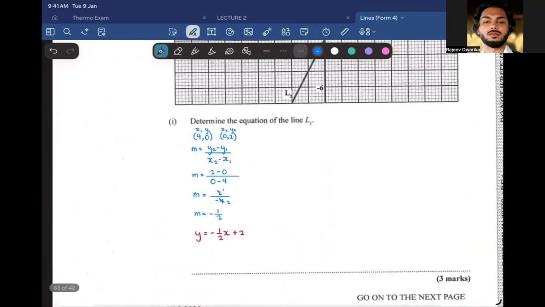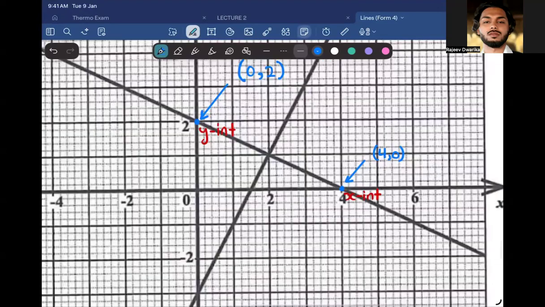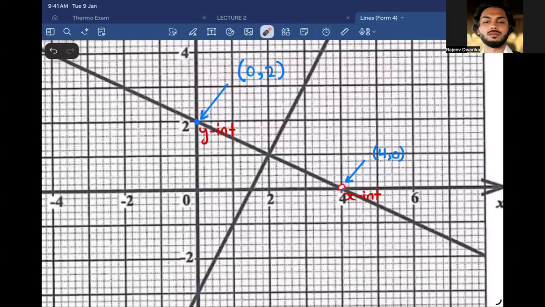Let me show you what I'm talking about. For this line, let's look at the x-intercept. This is where it cuts the x-axis. What was the y value? The y value is 0. Look at this example. If this is the x-intercept, somebody point.